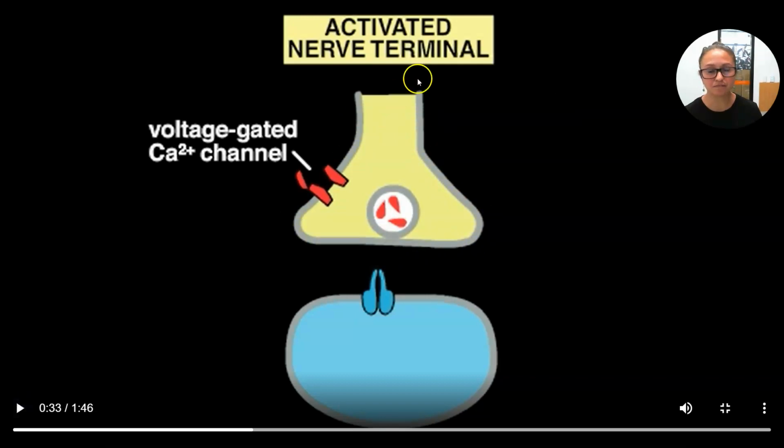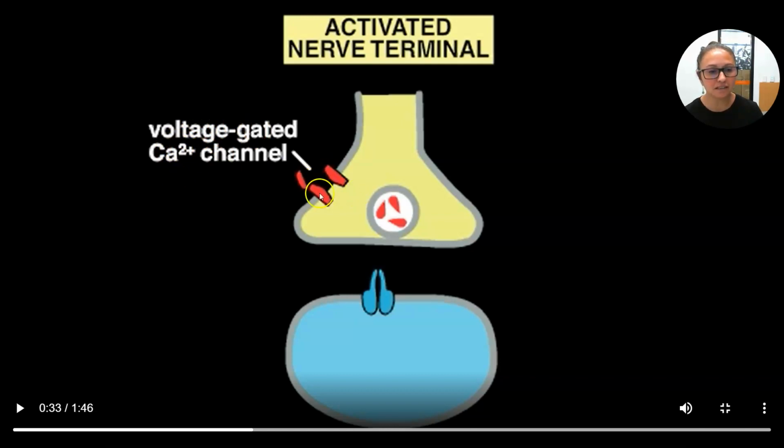Okay, so step 1. The action potential comes down to the end of the neuron. The first thing that happens is that there's another protein here, called the voltage-gated calcium channel.